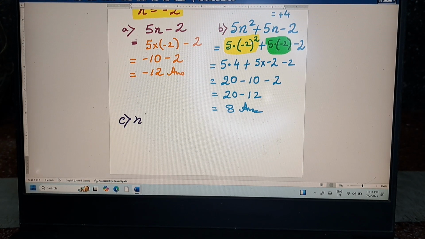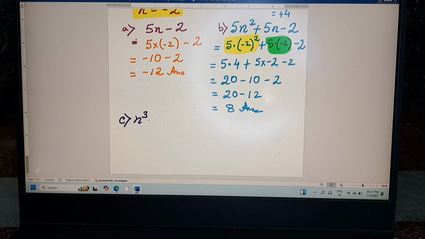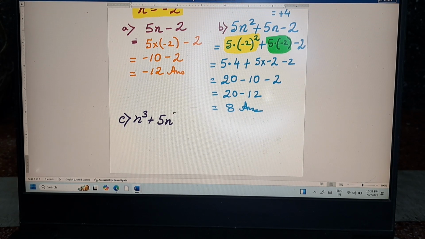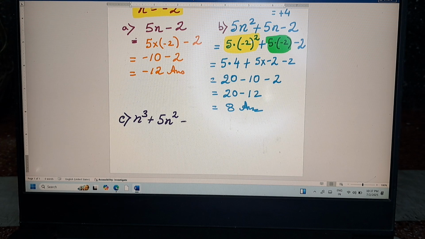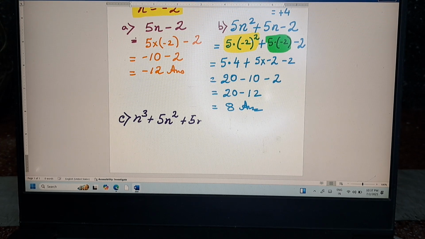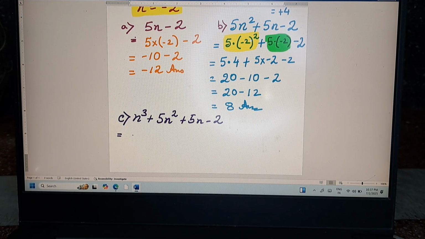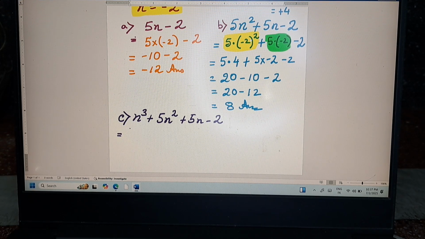Here the expression is n to the power cube plus 5n to the power 2 plus 5n minus 2. The value remains the same, n is equal to minus 2. Let us put n is equal to minus 2 in this expression.